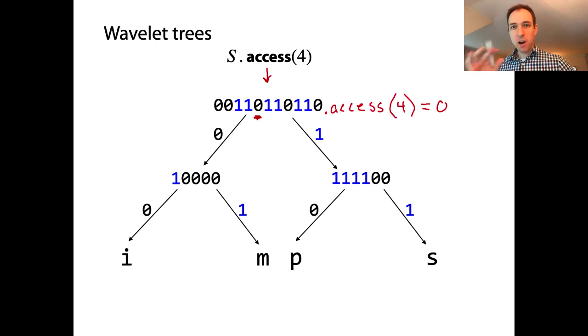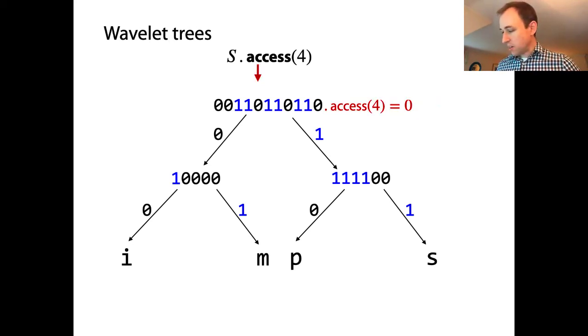So we are answering a smaller question here. Getting 0 as the result of this query tells us that the character at offset 4 is in the left partition, the partition of characters in the left child. So getting back a 0 tells us that we should descend to the left child.